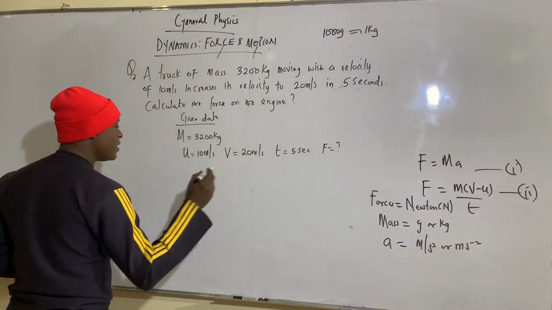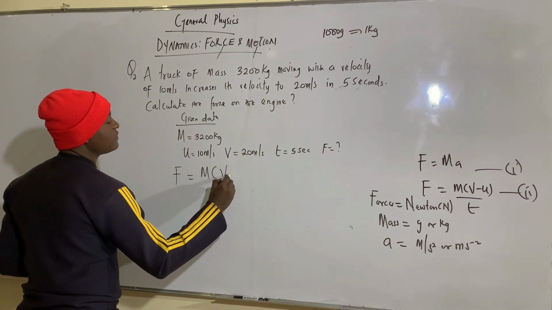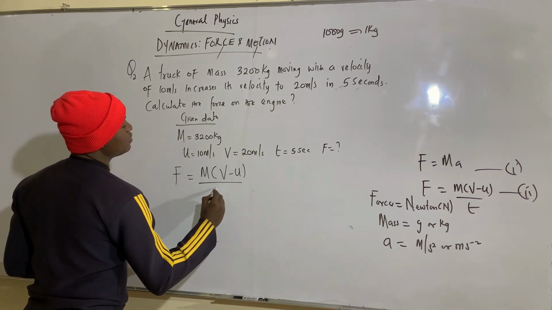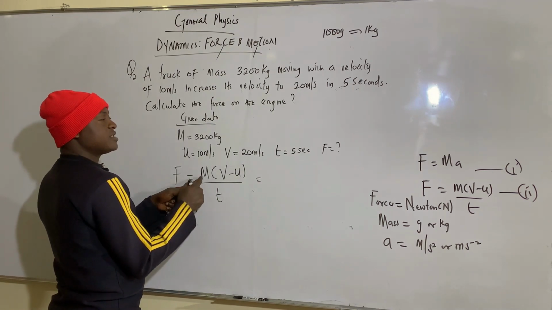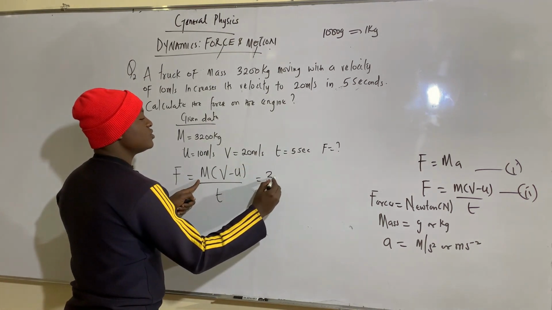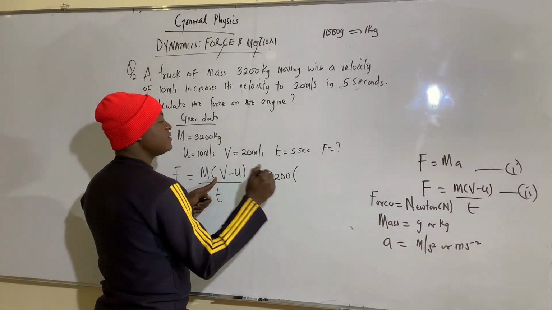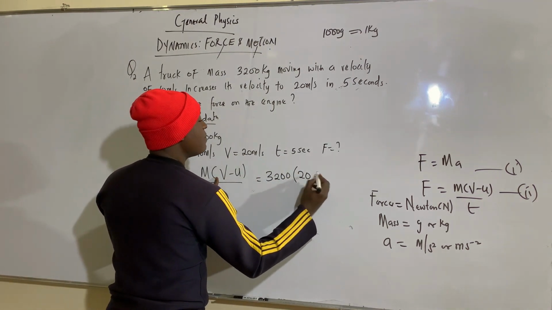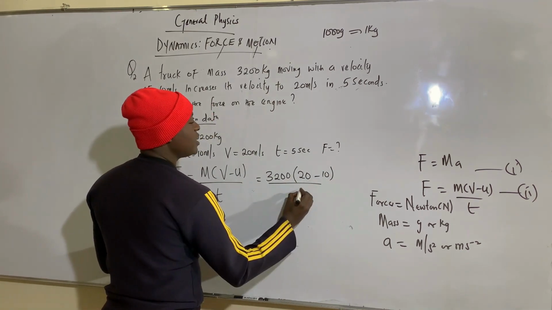So if I apply the second one, I have F equal to M bracket V minus U, all over T. The mass given to us is 3,200, open bracket, our final velocity is 20 minus initial 10, divided by the time, which is 5.